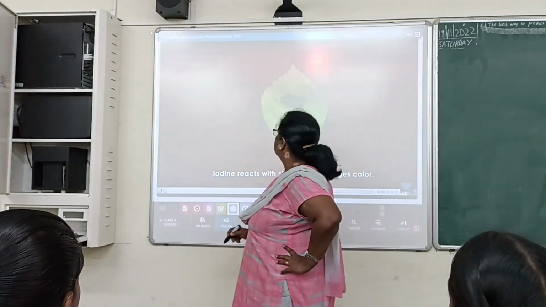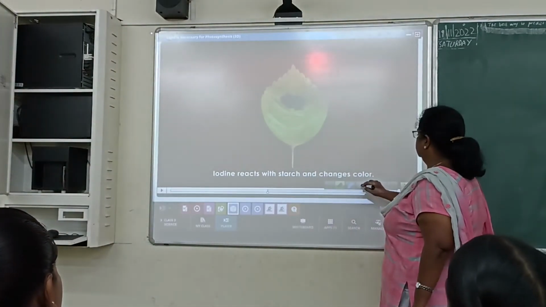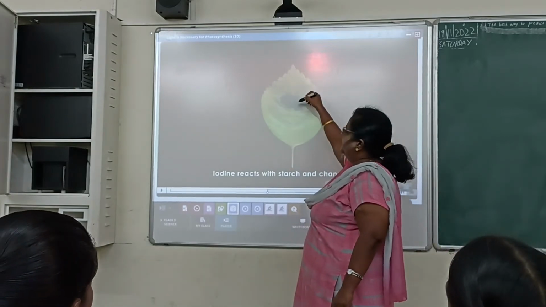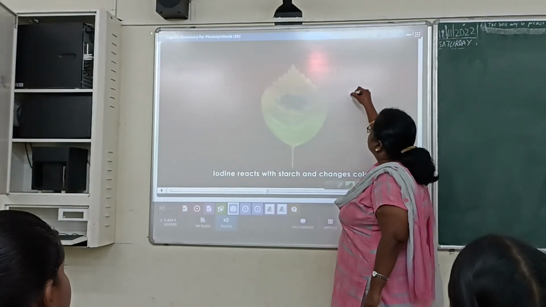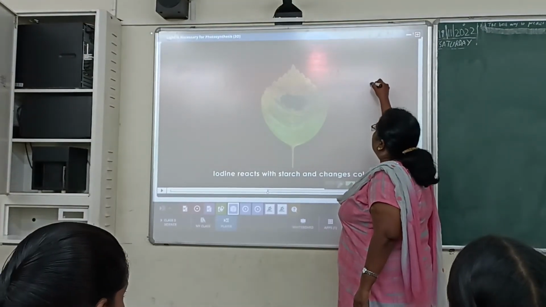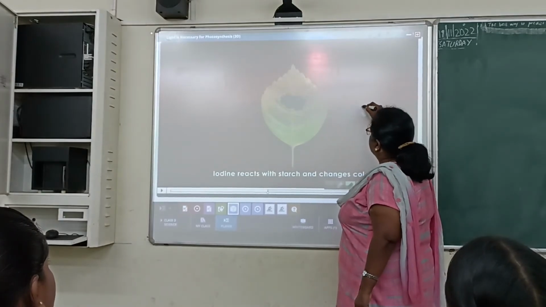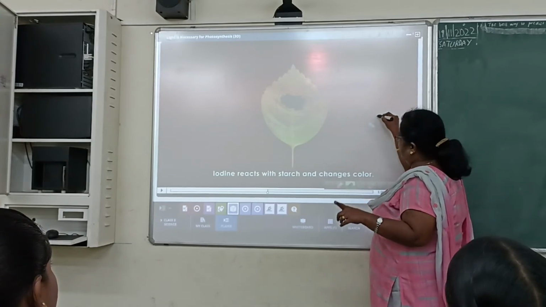Iodine reacts with starch. So now you see this one. We dropped iodine in the center and it has turned black because iodine is a solution. It reacts with the starch that is produced in the leaf.